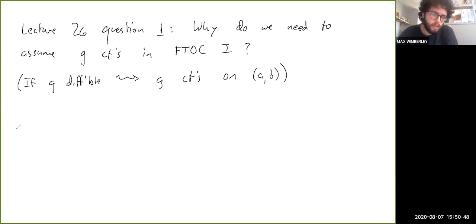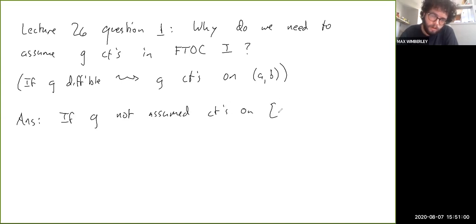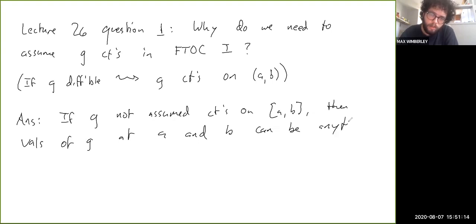Okay, so the answer here is pretty straightforward. If g is not assumed continuous on [a, b], then the values of g at a and b can be anything.